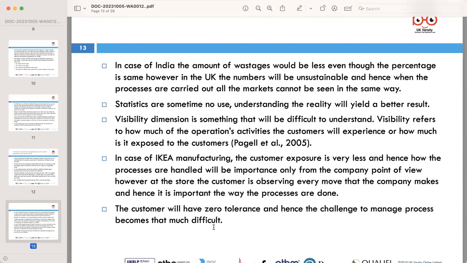So here the way processes are executed is of paramount importance, as customers have zero tolerance of inefficiencies. So managing processes in such a customer-centric environment presents unique challenges.